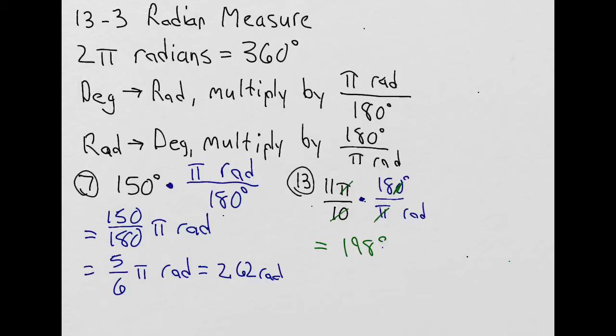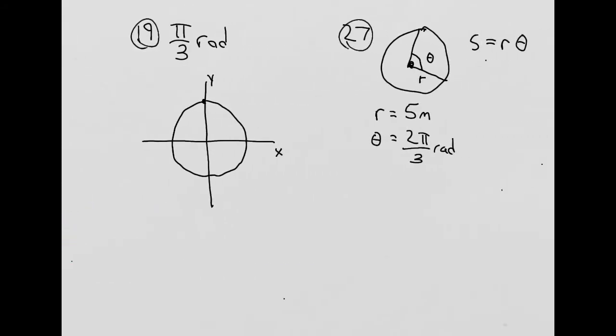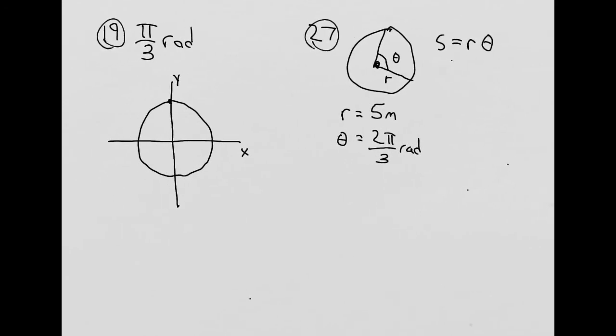All right, let's look at a couple of application problems now, 19 and 27. Number 19 is very similar to what you did in the previous section, except you're starting off in radians. So really all you need to do is convert it to degrees and do it the same as you did before. We want to find cosine and sine using the unit circle definition.